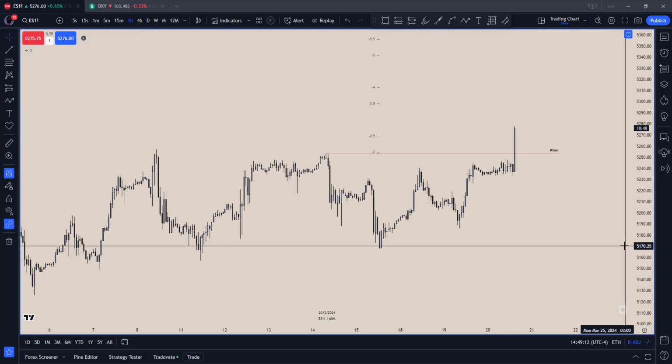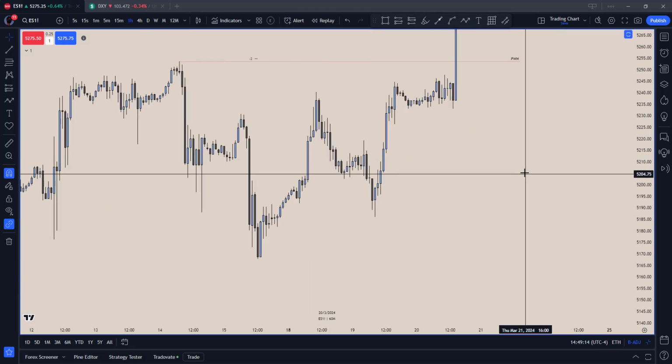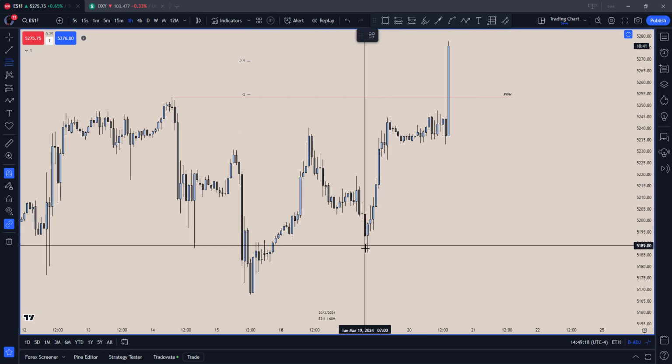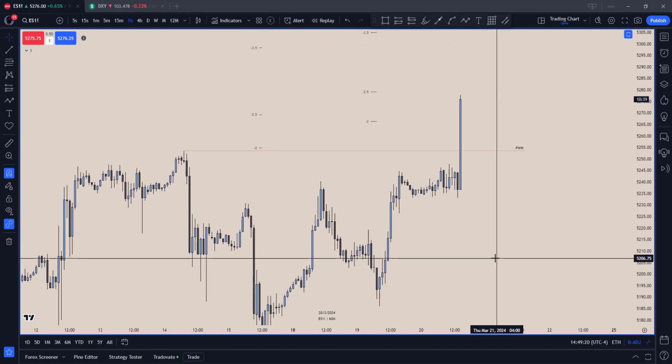This is my projection. Then we had another SMT here, so you could also use this projection if you want for current price.